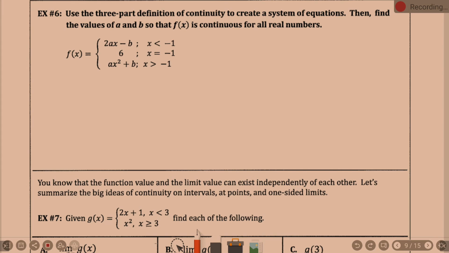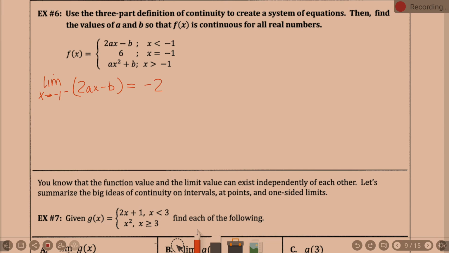Okay. We're going to make sure they're continuous at negative 1, so we're going to start there. I'm going to start with the limit as x approaches negative 1 from the left. Which piece am I using for negative 1 from the left? 2ax minus b. If I take that limit and plug the negative 1 in, you get negative 2a minus b.